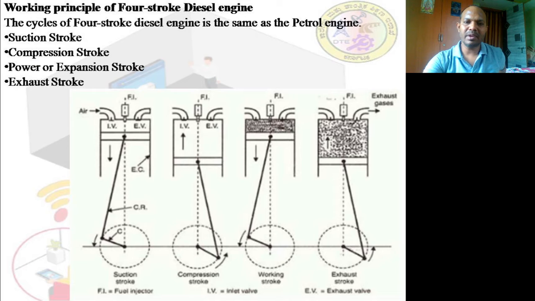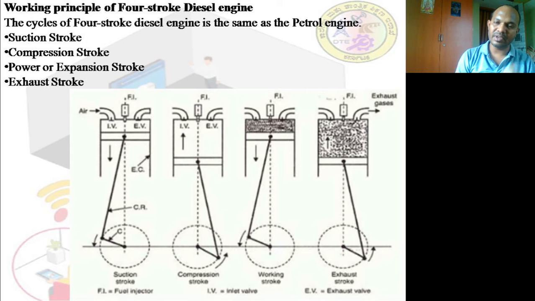The working principle is almost the same as the four-stroke petrol engine. Even this four-stroke engine has four different strokes, namely the suction stroke, compression stroke, working stroke, and then the exhaust stroke. The appearance looks the same. When it comes to constructional features, there are only two differences.